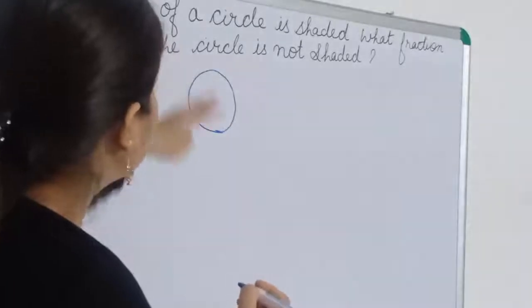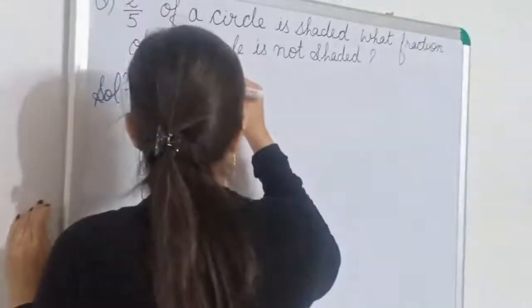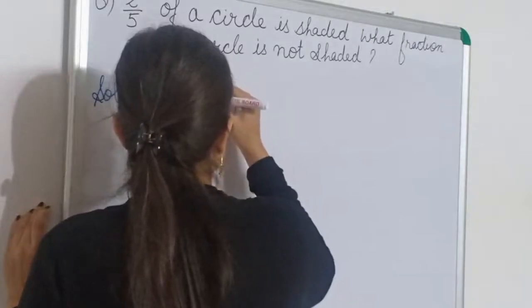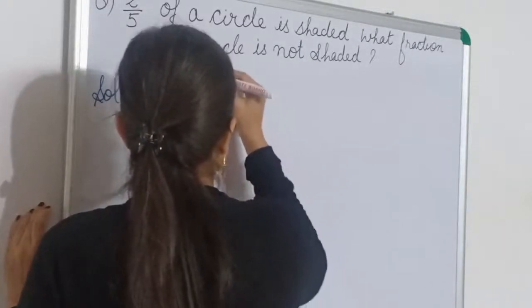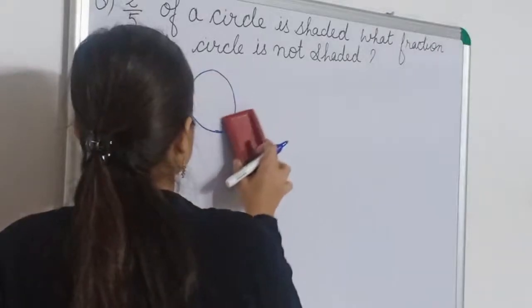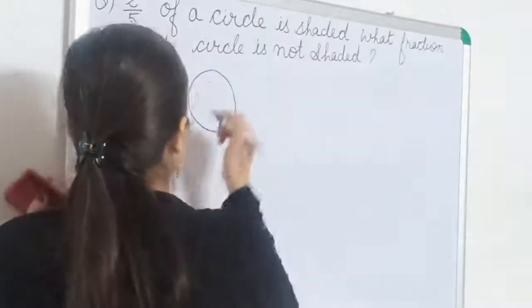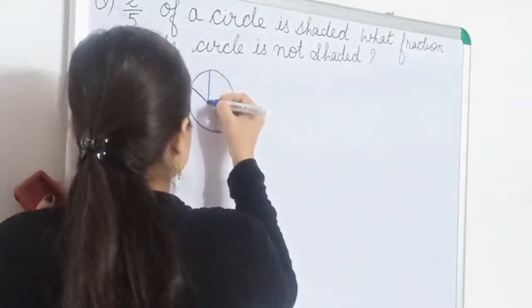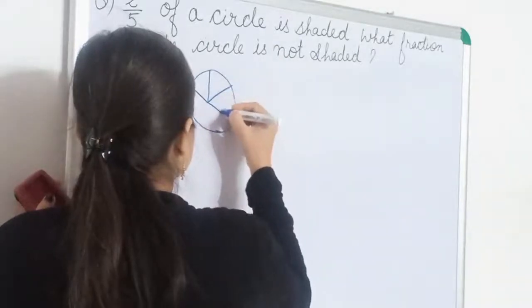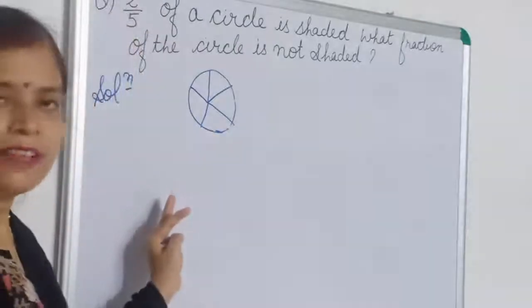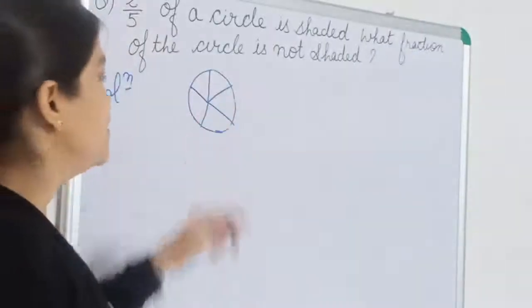And 2 by 5 is given, means we will divide into 5 equal parts. More or less perfectly I have not drawn, but I have tried to divide into 5 equal parts.